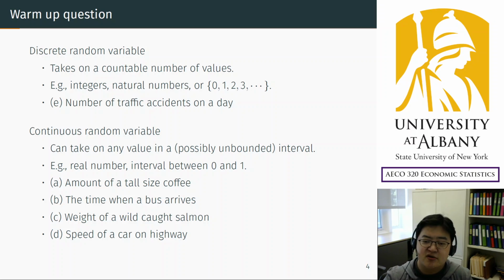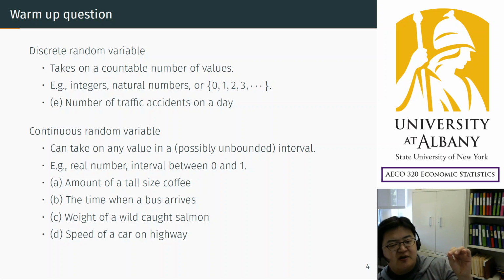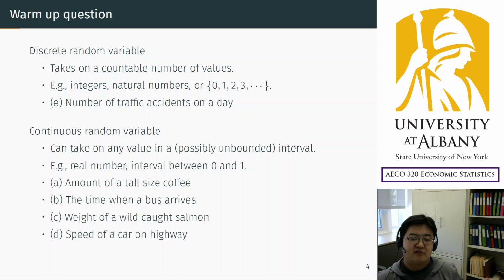Say you ordered a coffee, and even though it's a tall size coffee, maybe say it's 12 ounces, but if you measure that coffee with a scientific scale, then the amount could be different from exactly 12 ounces. It can be 12.01 or 11.99 ounces. So basically, any number is possible, right? Any number around 12 ounces would be a possible outcome.